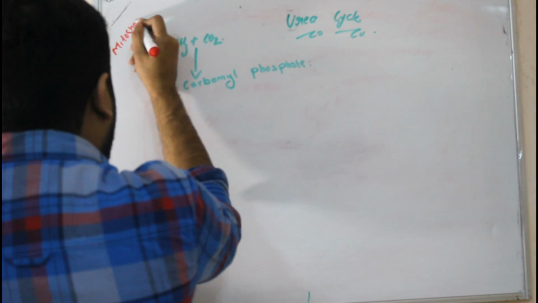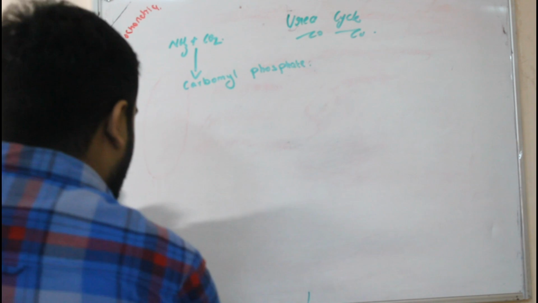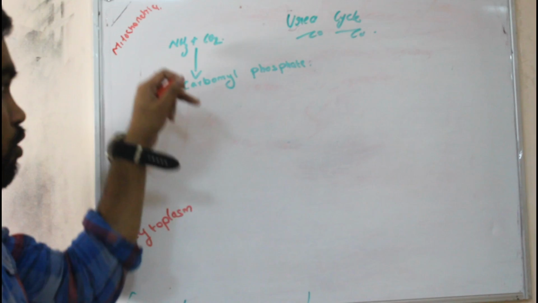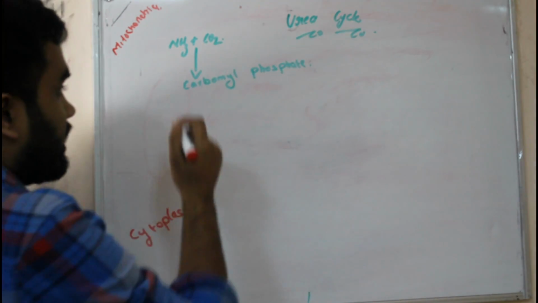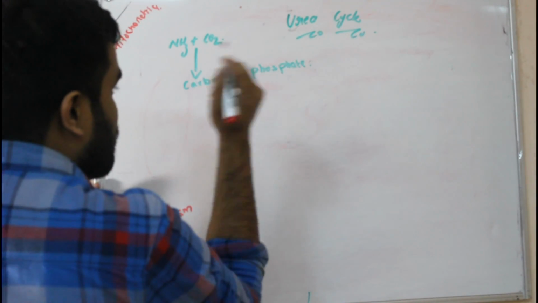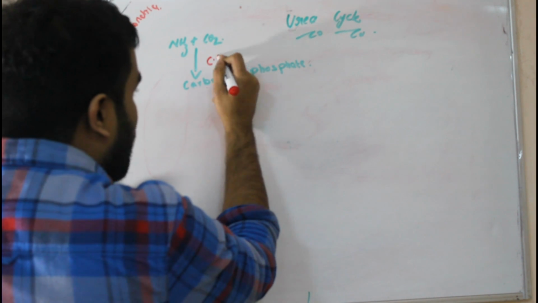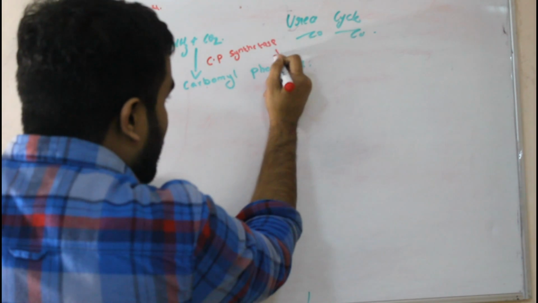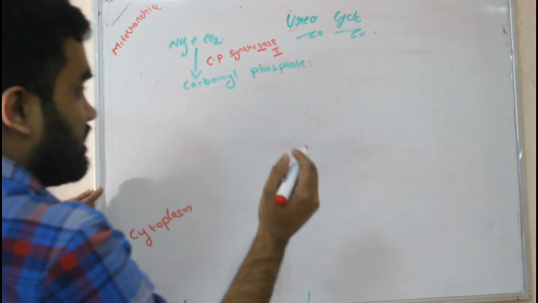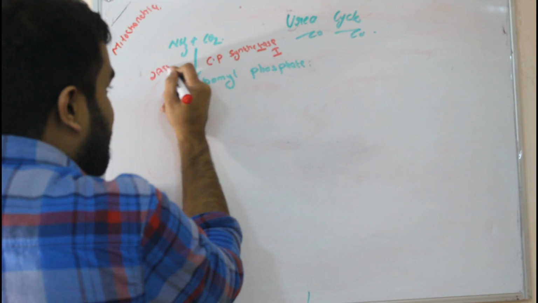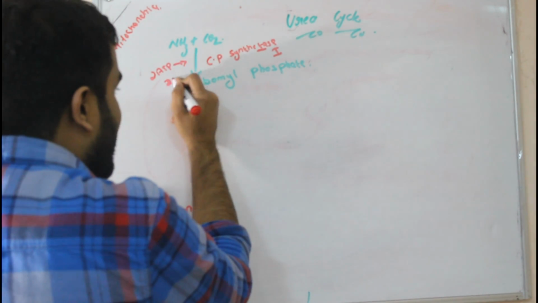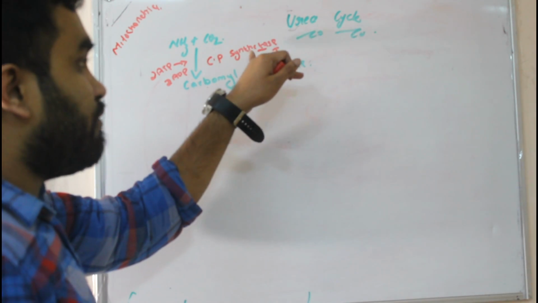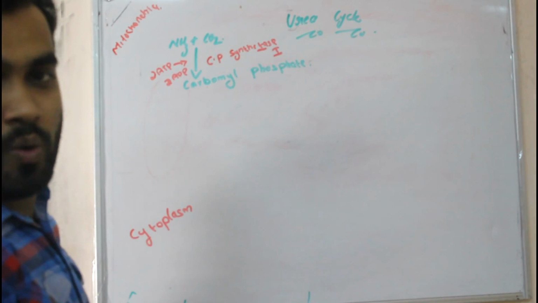Here is our mitochondria and below this is our cytoplasm. This carbamoyl phosphate is formed by an enzyme known as carbamoyl phosphate synthetase 1. Why synthetase? Because we are using energy here. In biochemistry, wherever you use energy, the enzyme will be a synthetase, not a synthase.